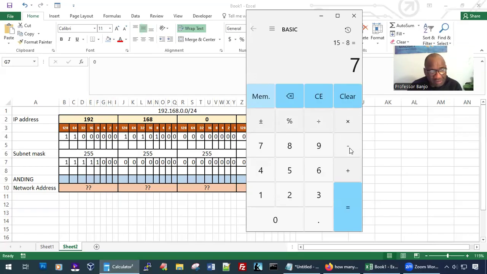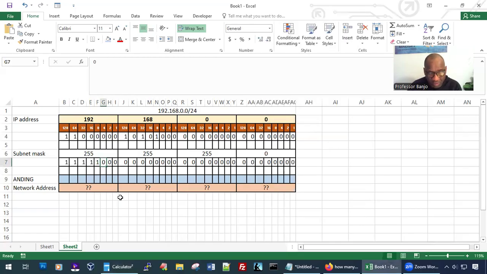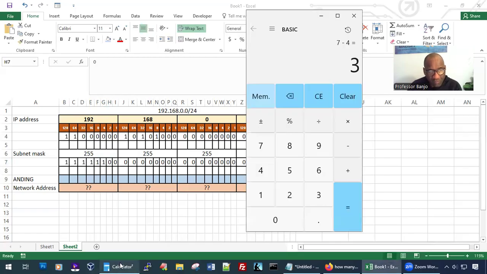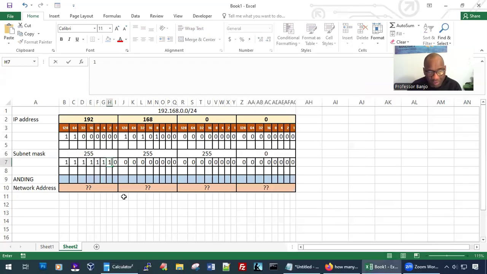Minus 4 leaves you with 3, so you have a 1 here. Minus 2 leaves you with 1, so it's all ones. Same thing here, all ones all the way to the end.